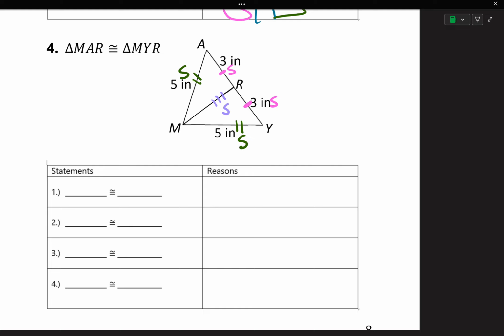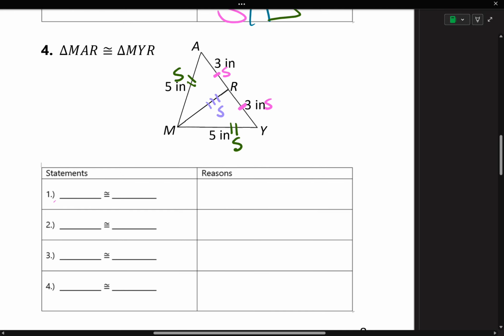Now, that middle line, I'm going to ask in class if anyone knows. This is a very famous triple. That middle line would actually have a measurement of 4. 3, 4, 5 is called a Pythagorean triple. Anyways, let's write down what we've got. We have the 3-inch sides. RA congruent to RY.